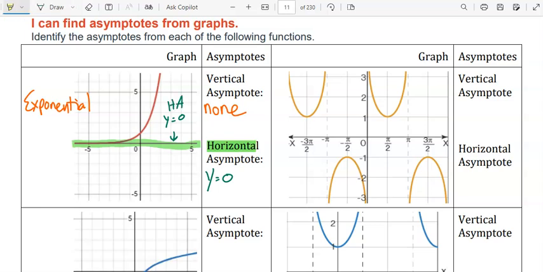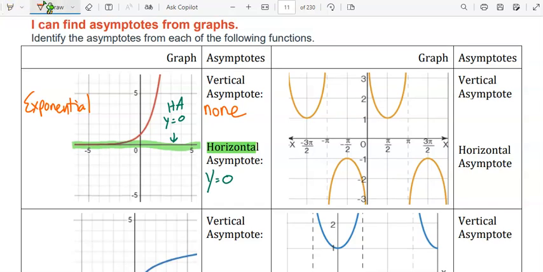Okay, this next one right here is cosecant. And for the vertical asymptote, it has several. In fact, it has infinitely many. So it looks like it goes through 0, pi, and negative pi.